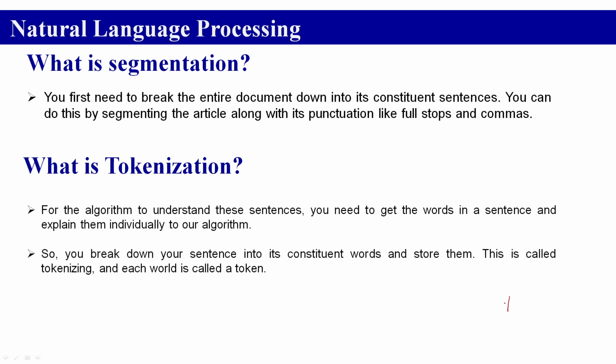Okay. When you go to the bank, you always get a token number, so that your turn will come and you will be called, right. It is exactly the same thing. Here you are breaking the sentence into constituent words and then storing them, and therefore each phrase, which may be a couple of words or 3 words, is called a token. Why is it done? Because that helps the computer learn how these words are put together to form a sentence.